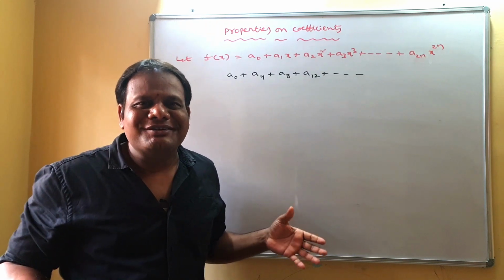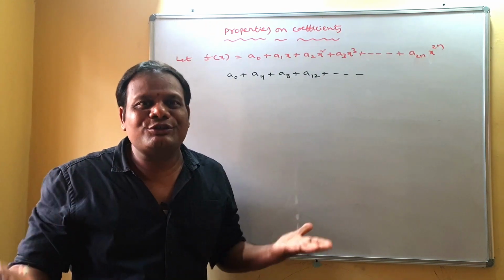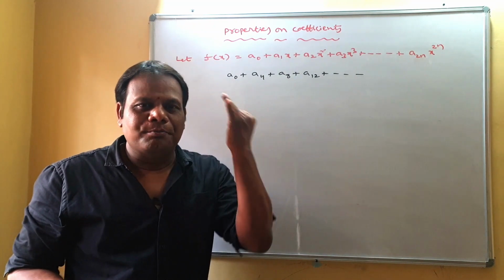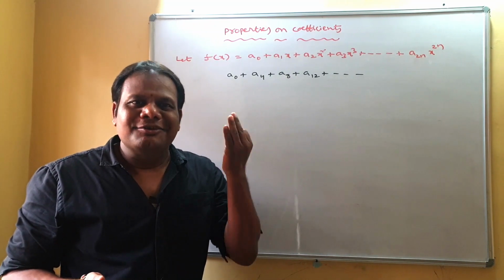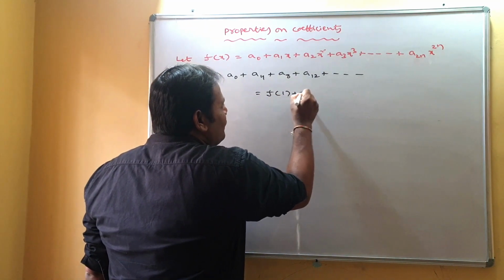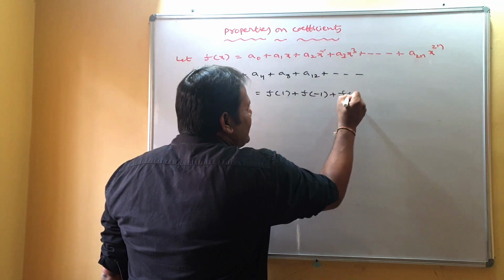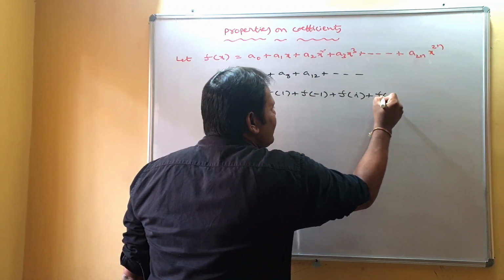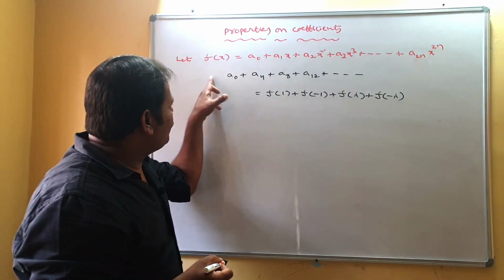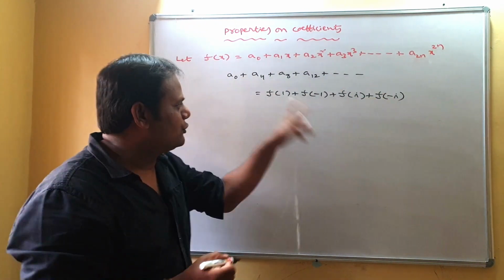So what we do? Yes, take fourth roots of unity. What are fourth roots of unity? 1, minus 1, i, minus i. So find f of 1, f of minus 1, f of i and f of minus i. Add all the 4. You get 4 times of this. So shift 4 to this side.